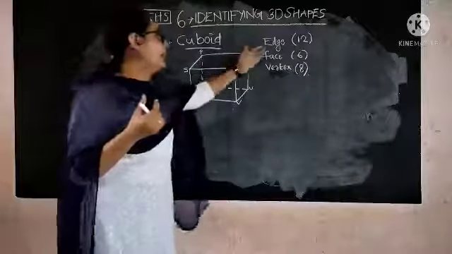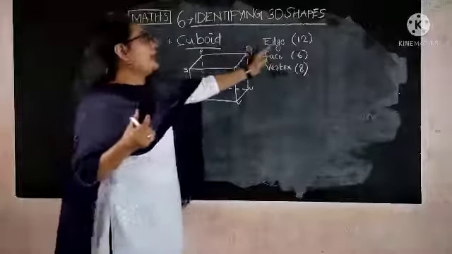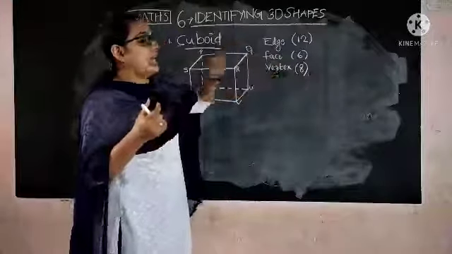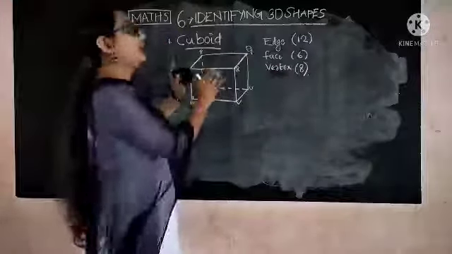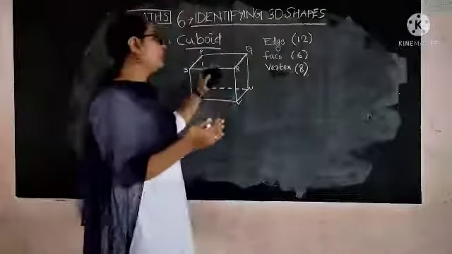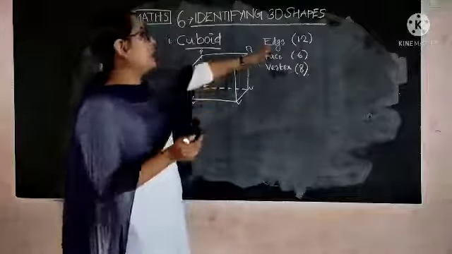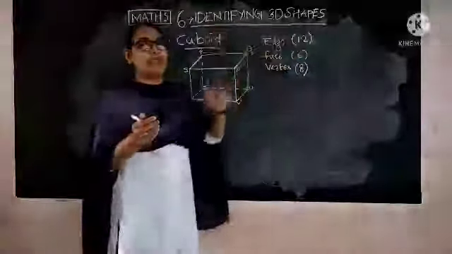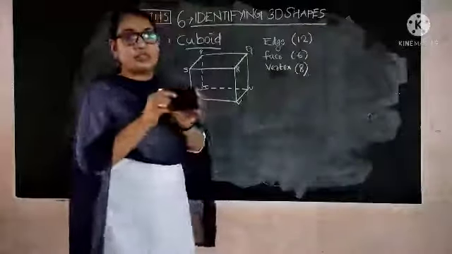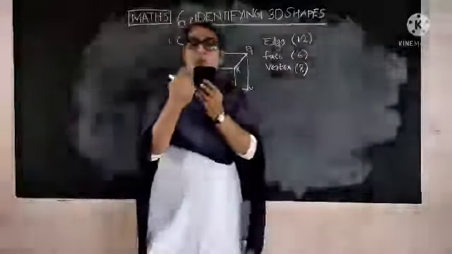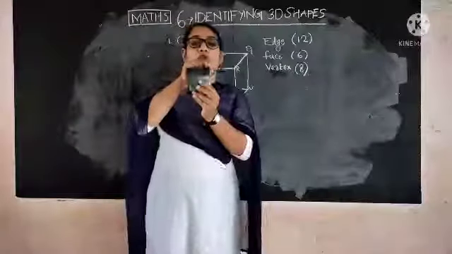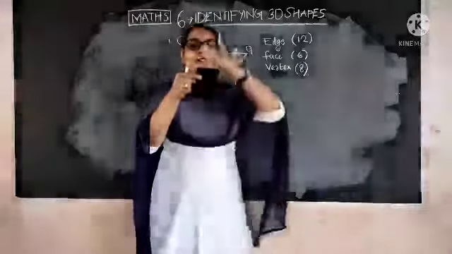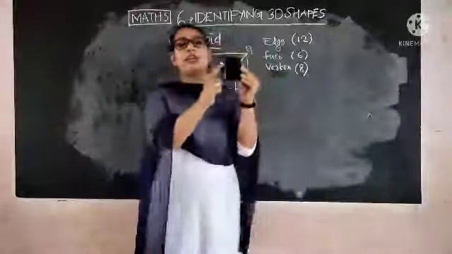As I write here, a cuboid has 12 edges. First we can count from here: 1, 2, 3, 4. 4 edges here and 4 here.